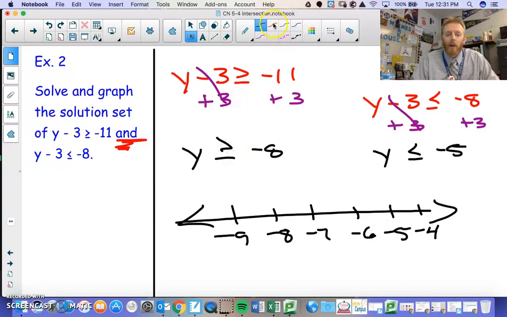I'm going to have closed circles at negative 8 and at negative 5. Now y is greater than or equal to negative 8, so that's going to the right. y is less than or equal to negative 5, so that's going to the left. So my intersection of these two things is happening right here. And that's why it's an and.